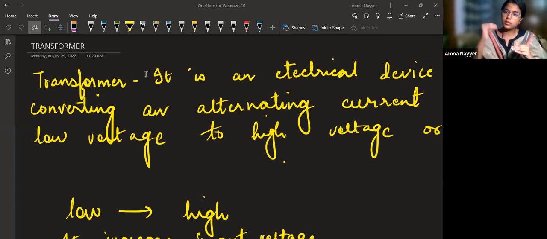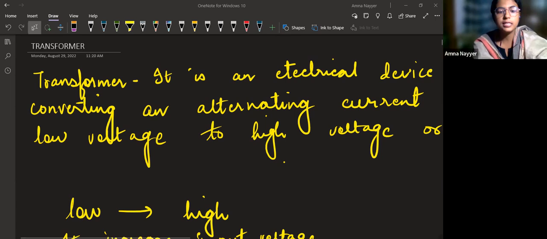These are the two types of transformers that we classify depending upon the type of voltages they convert. Now you have types of transformers depending upon their construction also, but before the construction, just have a look at the definition.